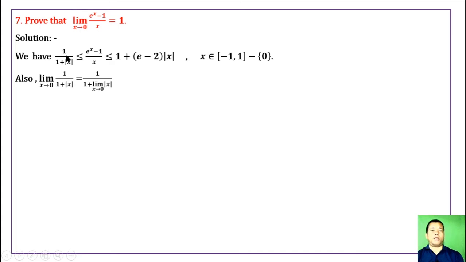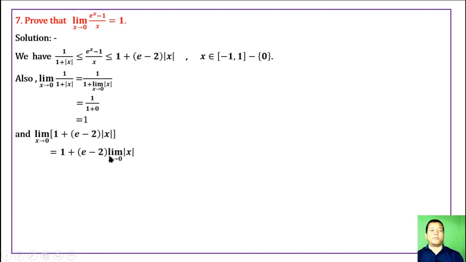Also, the limit of the left function is 1 divided by the limit of the denominator, where the limit of modulus x is 0, which gives 1. The limit of the right function is the limit of the first function plus the limit of the second function. e - 2 is a constant.